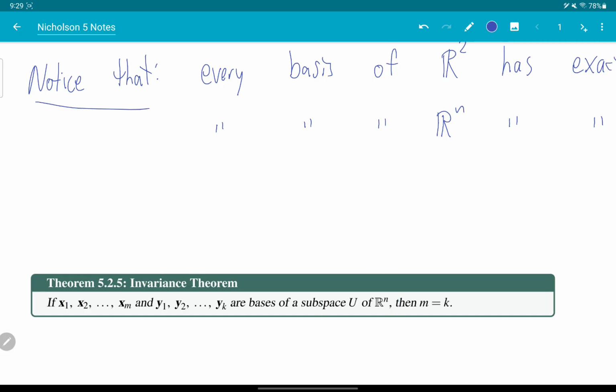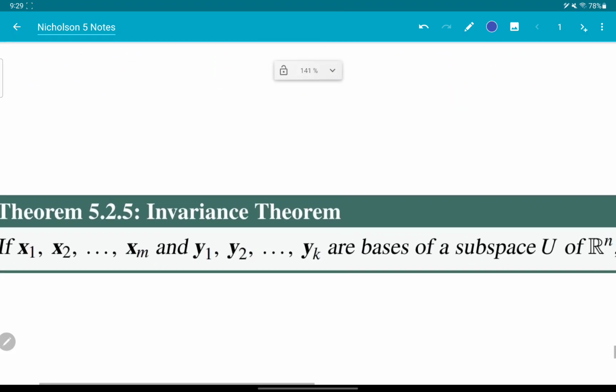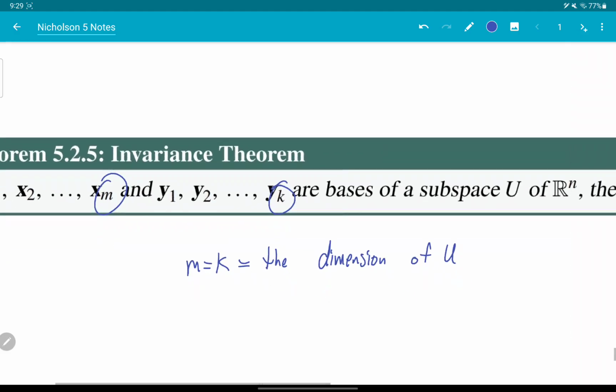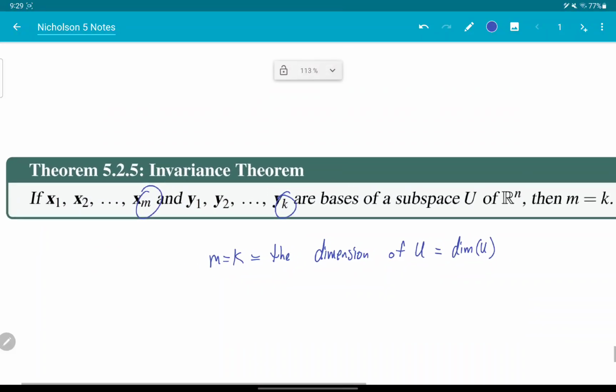Okay, so this is a number we get. We get the number of vectors in any basis. So m is equal to k, and we call this the dimension of U. And our short form is just dim U. So what is the dimension of U?